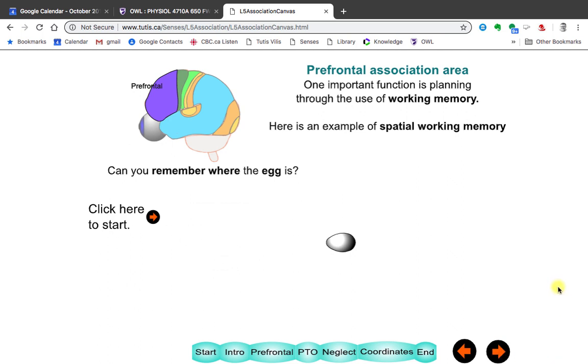So let's test your prefrontal cortex, okay? One of the things that the prefrontal cortex is involved in is spatial working memory. By working memory, I mean things like on a chalkboard: you write something down, and then you can erase it and write something else down. So you're thinking about one thing, and then you switch to another thing.